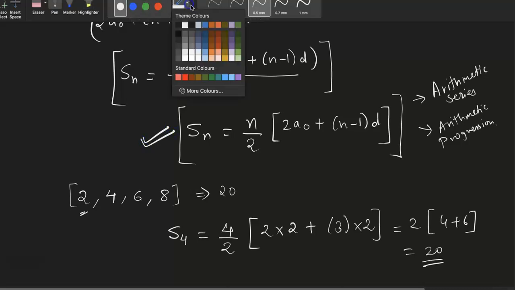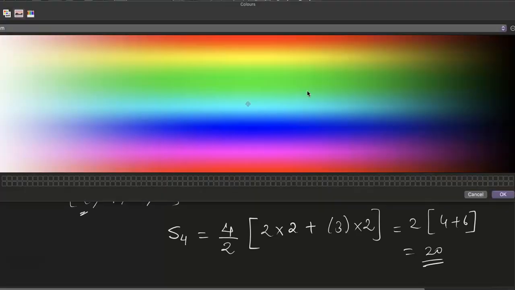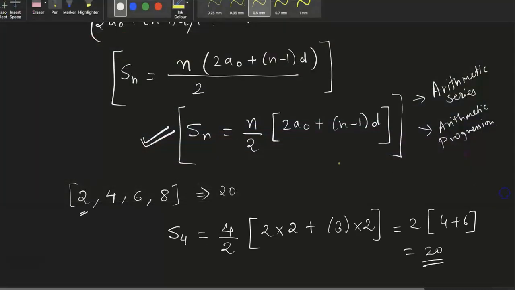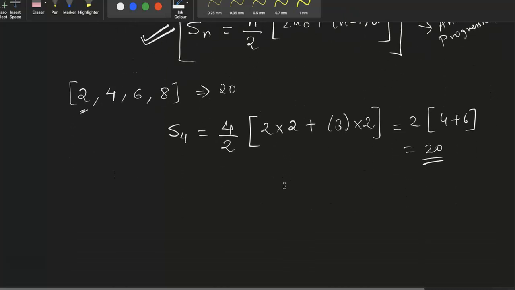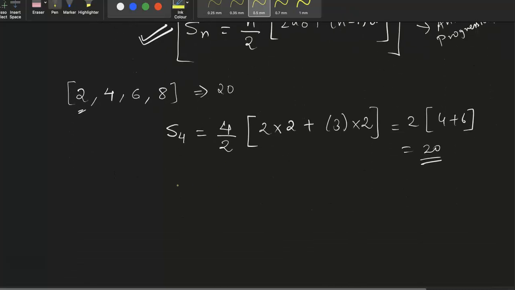Now, the thing that I will do here is highlight the importance of the common difference. See, the common difference does not always have to be positive, right? It can be negative as well. d can be less than 0 as well. There is no such thing that the common difference has to be plus 1. I can have a series like this: minus 1, then minus 2, then minus 3, then minus 4, then minus 5.